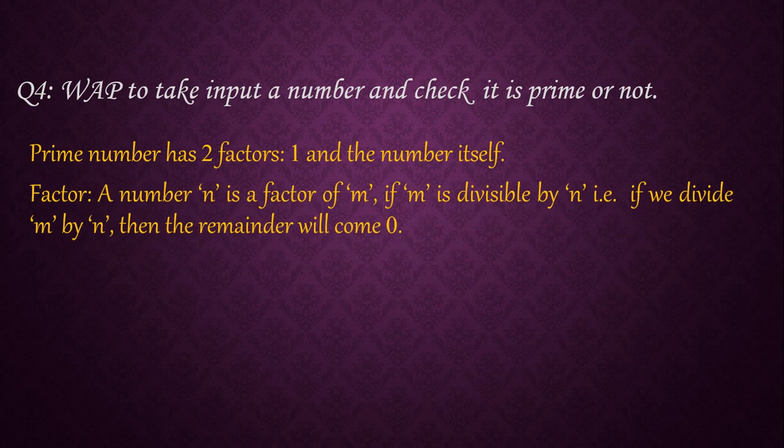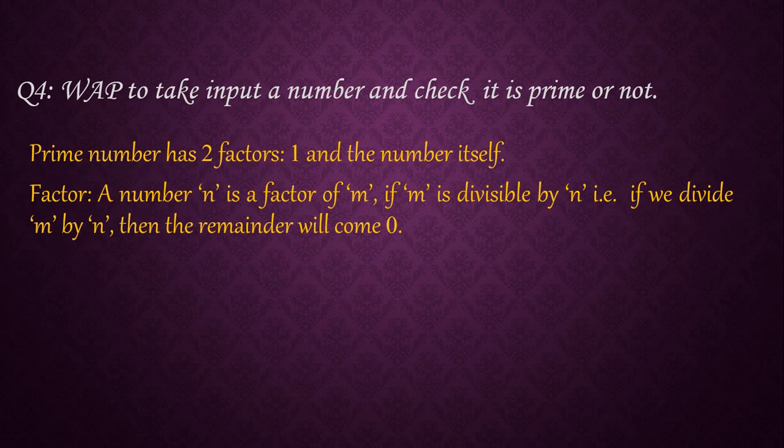A number n can be called a factor of m if m is divisible by n. What is meant by divisible? In the terminology of computers, we can say a number is divisible by another number if the remainder comes 0.